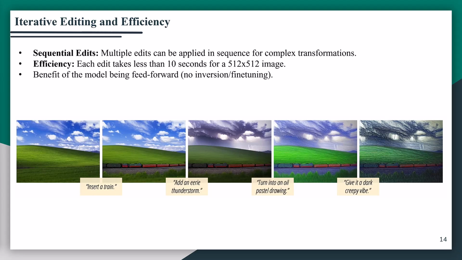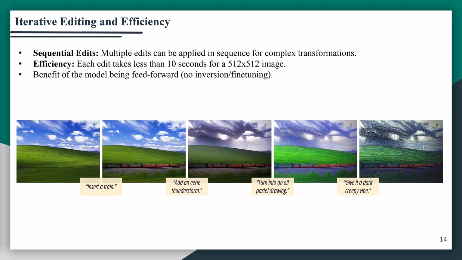One advantage of InstructPix2Pix is speed and flexibility for iterative editing. Each edit happens in a single pass, so a high resolution image can be edited in under 10 seconds. This makes it ideal for tasks where multiple edits are needed in a sequence, like changing the season or adding an object in the landscape.